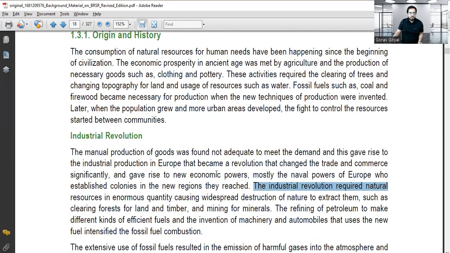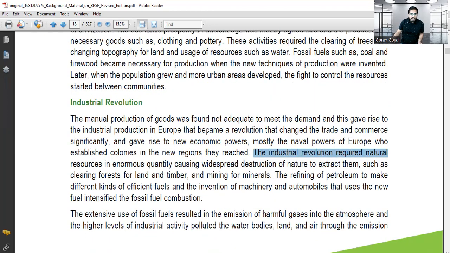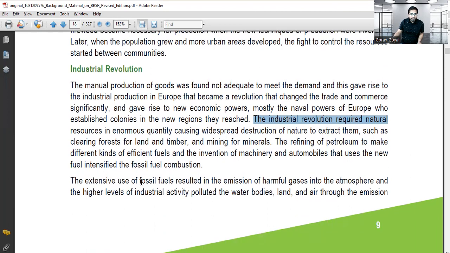So much exploitation happened during the civilization stage and the industrial revolution in various countries, in their own time and region. The extensive use of fossil fuels resulted in the emission of harmful gases, the greenhouse gases (GHG) that we discussed, which led the Financial Stability Board to make the TCFD disclosures framework.